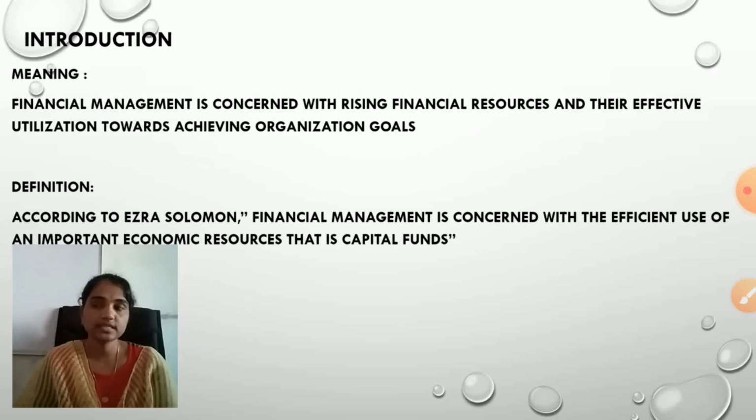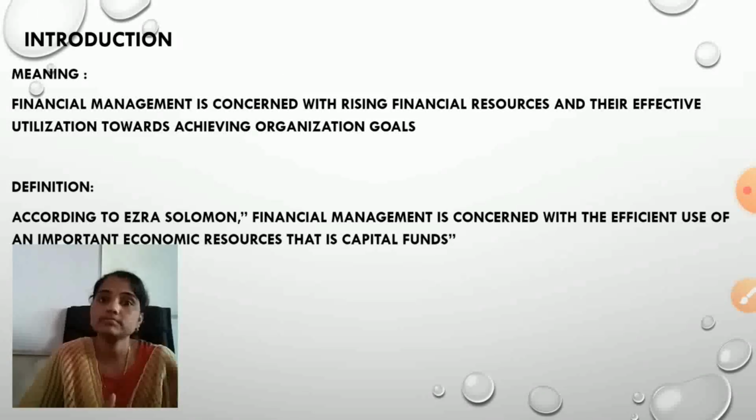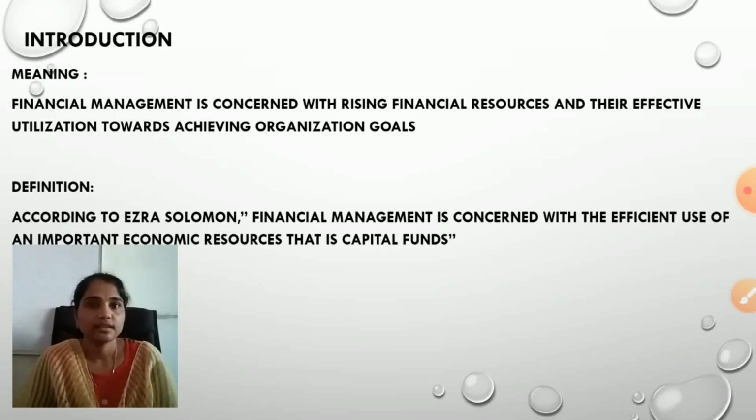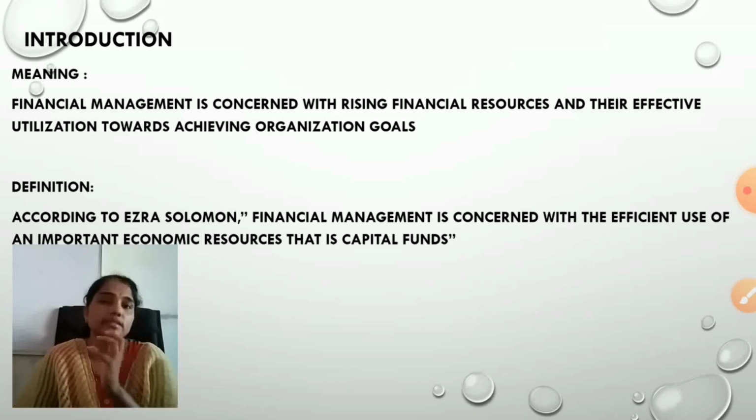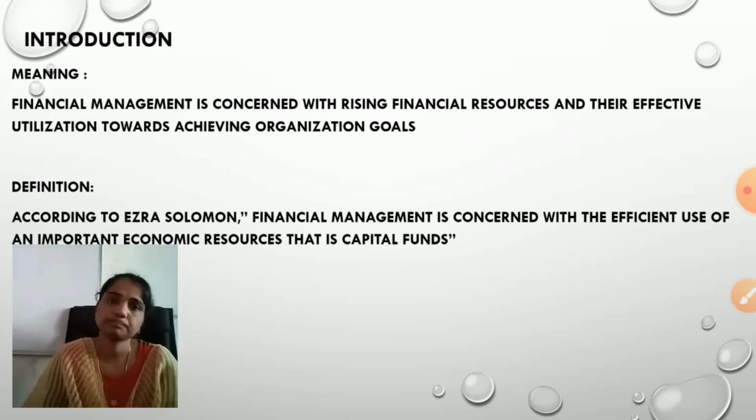Efficient use means acquisition of funds and getting optimum return by using them in an optimum way. So getting the maximum return from the funds which we raise, that is what efficient use means.